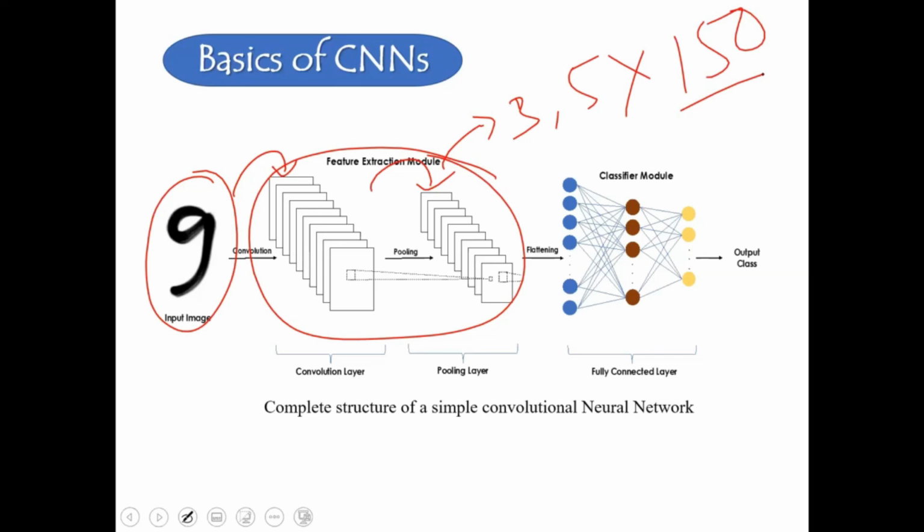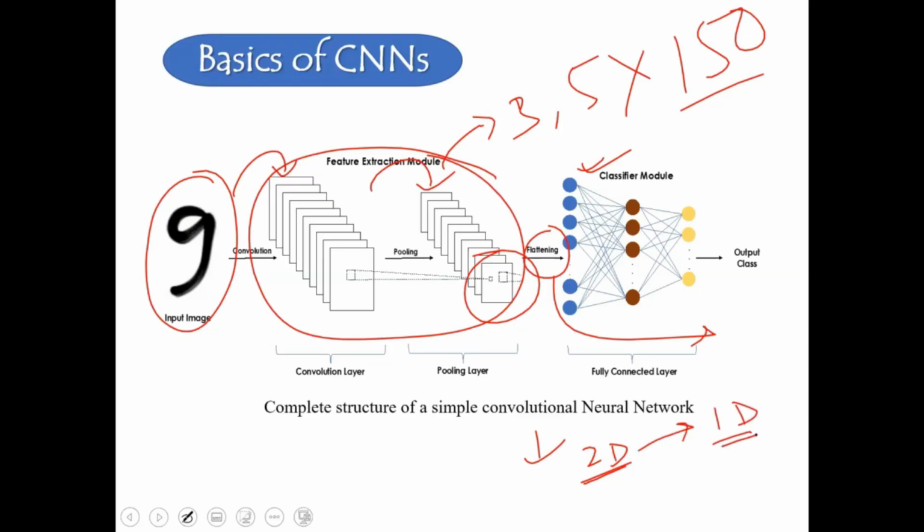After that, after the pooling, we are getting only 2-dimensional feature matrices, right? Feature maps. But the classifier module reads it in as one-dimensional. So there is one function, flattening. It will flatten, or convert, the feature maps from 2D to 1D.